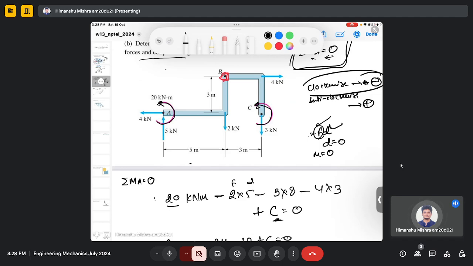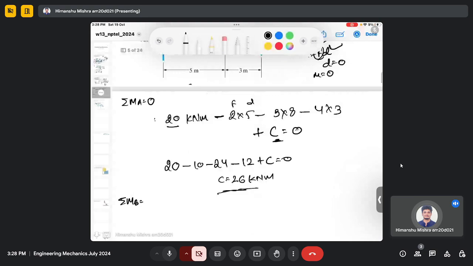Both are in the anti-clockwise direction. This is 20 kilonewton meter and this, we found, is 26 kilonewton meter. Both are positive quantities, so it's 20 plus 26.